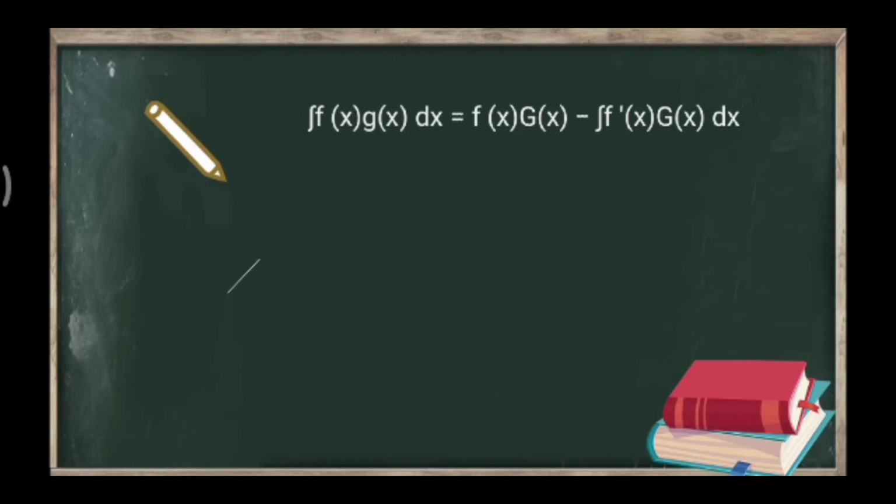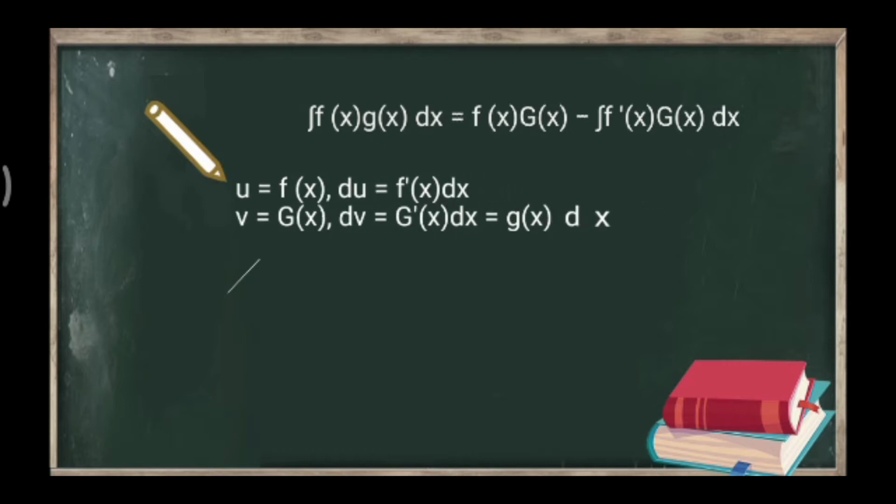In practice, we usually rewrite equation number 2 by letting u equal f of x, du equal f prime of x dx, v equal G of x, dv equal G prime of x dx, or equal g of x dx.